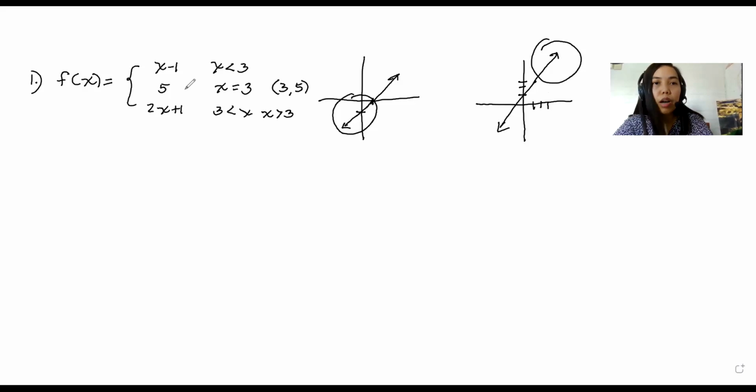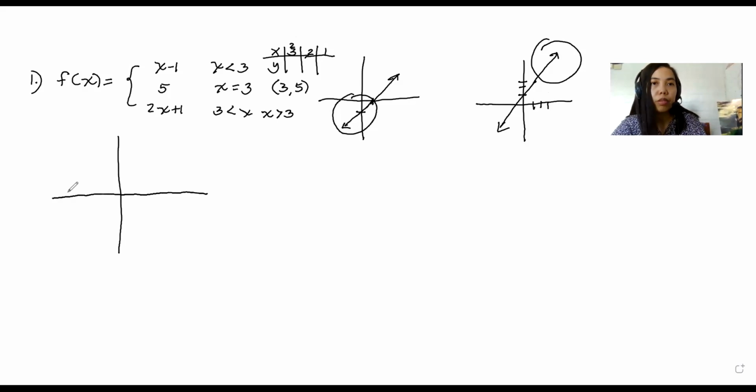So when we graph it, we will have here x is less than 3. What are those values? Open at 3, and those values that are less than 3, which are 3, 2, 1. And let's graph. If x is 3, y is 2. If x is 2, 2 minus 1, y is 1.